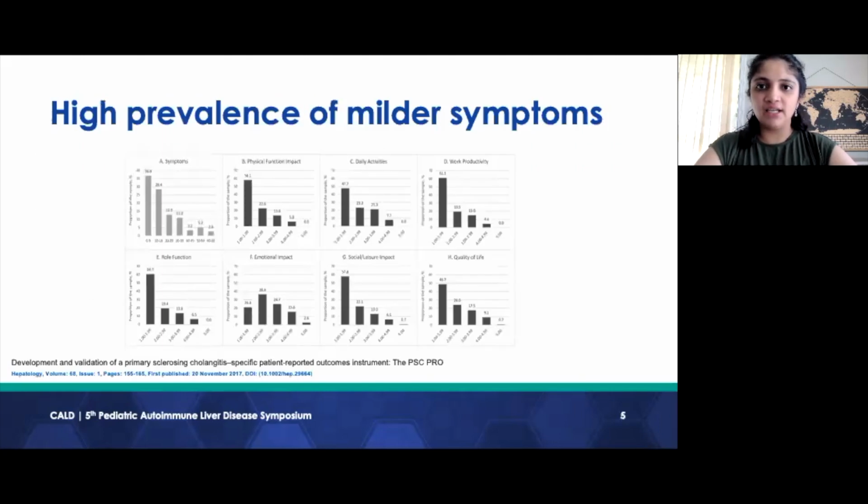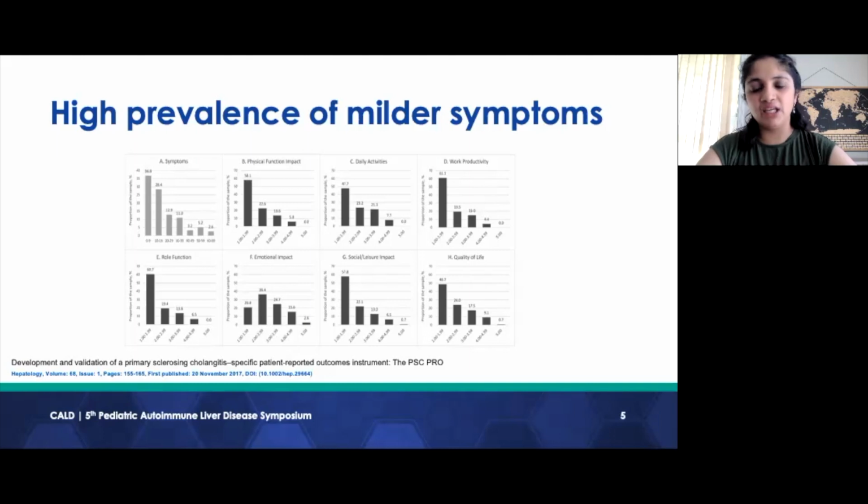What was basically included in the PSC patient-reported outcomes tool were a couple of modules. In module 1, patients were asked about the severity of their specific PSC symptoms on a scale of 0 to 10, within a 24-hour recall period.